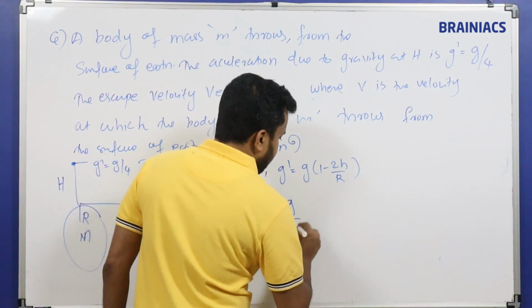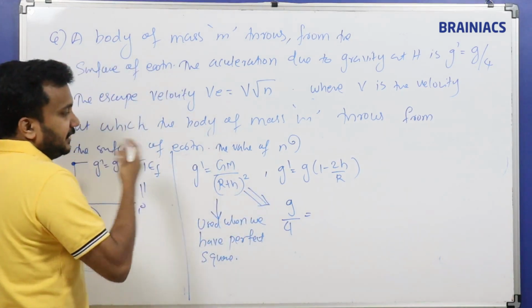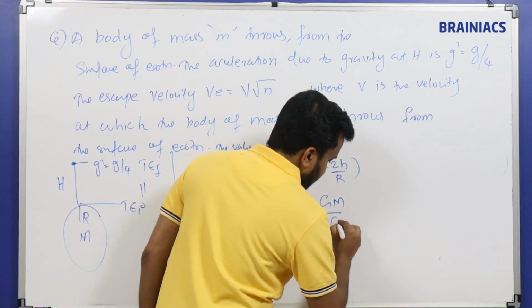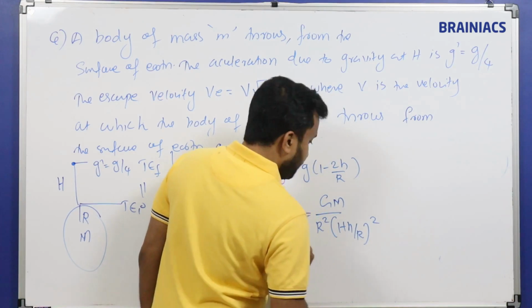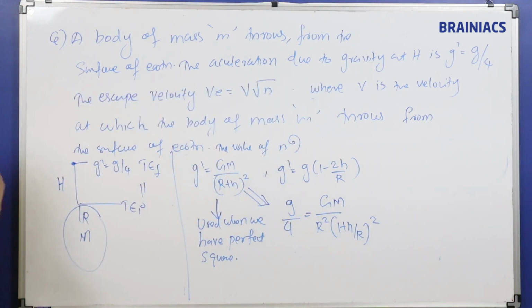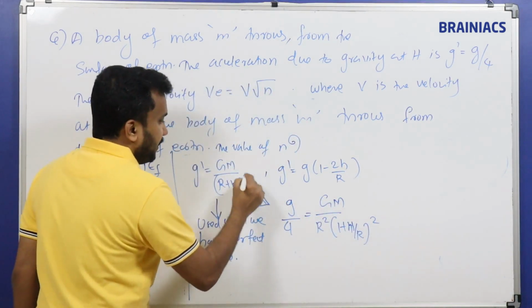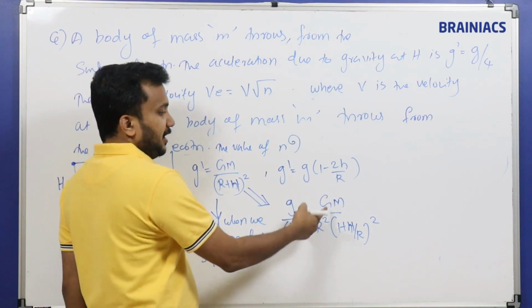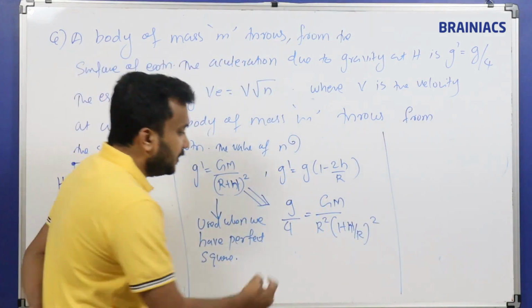So g dash is g by 4, so we will use this equation. G m divided by r square, take it out of this, so 1 plus h by r the whole square. Capital H is given, so I'll use capital H here also, h by r. So what is g m by r square? I know the equation, right? G m by r square is called g.